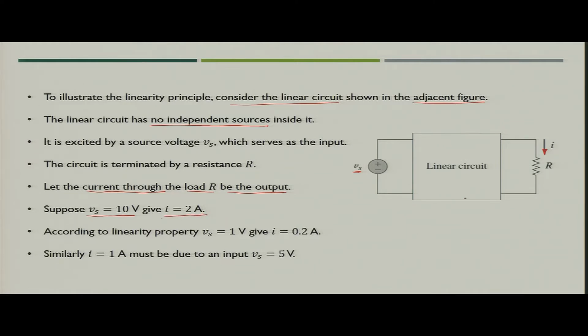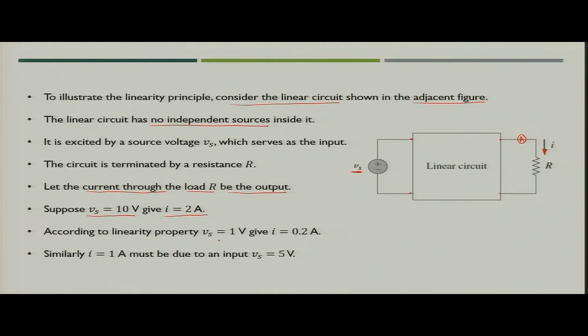So suppose you are doing one experiment where you do not know what is inside, but you are applying one voltage source across its input terminals and connecting a load R across its output terminal, and you are measuring current I. You can say that you have added one ammeter here and you are measuring the value of current through this ammeter. Now, if you have applied 10 volt to the input of a linear circuit and you got current I as 2 ampere.